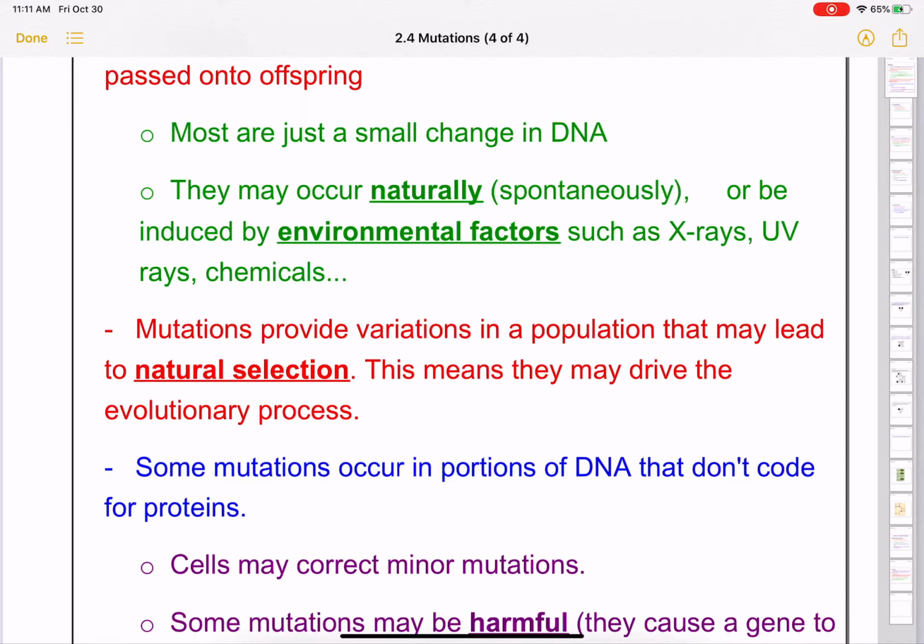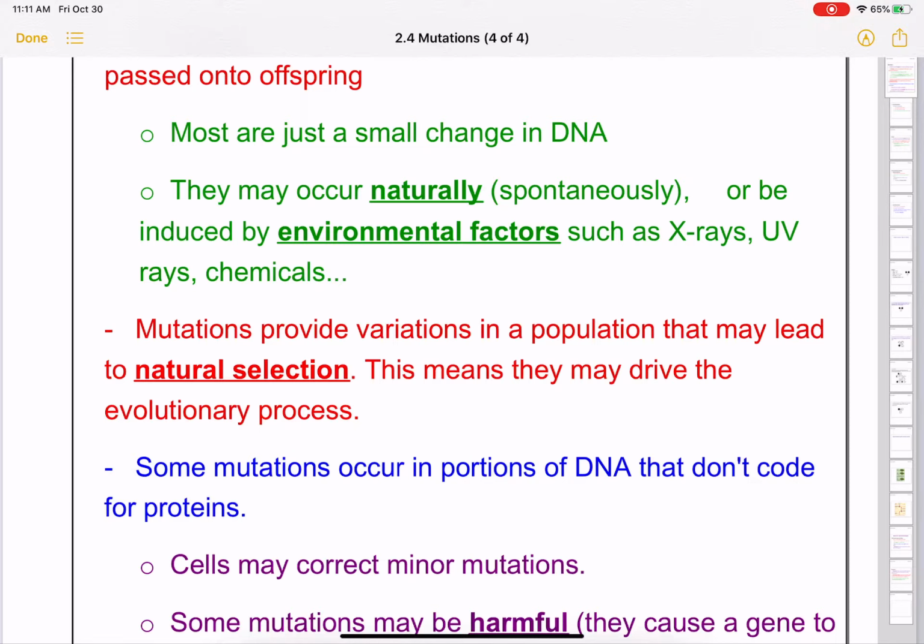And that was a mutation that no one else had and everyone thought you were weird. But one day the earth floods and all of a sudden you become the best swimmer because you've got these webbed feet. Well, the people who don't have webbed feet may not survive to have babies, but you will, and you'll pass that gene on.